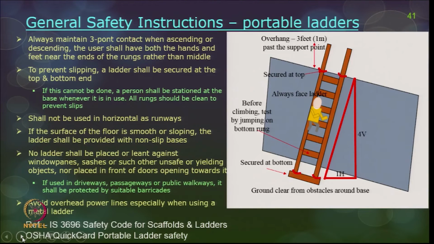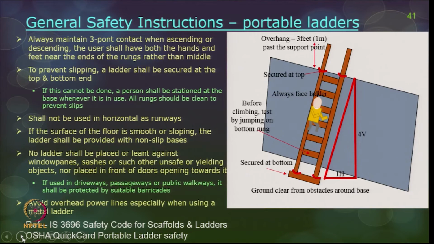Now, general safety instructions for any portable ladders: always maintain 3-point contact when you are ascending or descending a ladder. The 3-point contact is either 2 hands and 1 leg, or 2 legs and 1 hand, on the rungs.